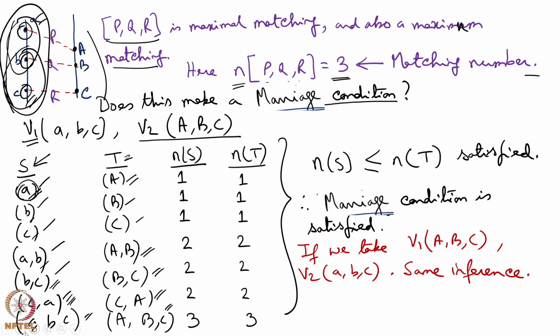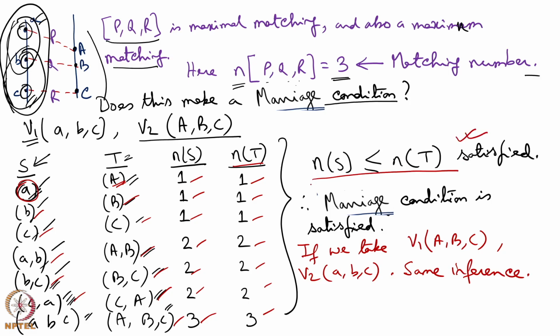NS, the number of elements in the set, here it is 1, here it is 1, here it is 1, here it is 2, here it is 2, here it is 2 and here it is 3. Now, NT: A single element, B 1, C 1, AB 2, BC 2, CA 2 and ABC 3. So, now here we see that NS less than or equal to NT is satisfied, and this is a specific case when we are dealing with NS equal to NT.